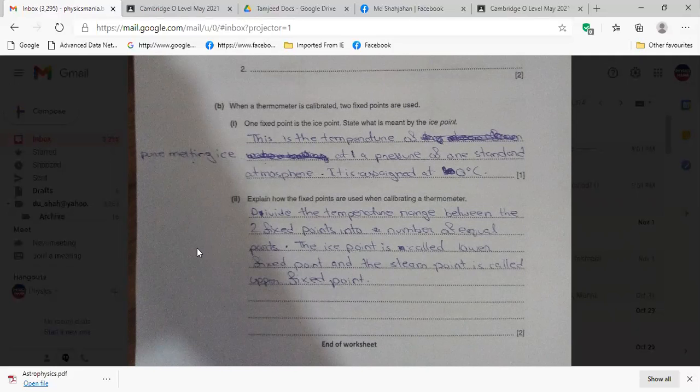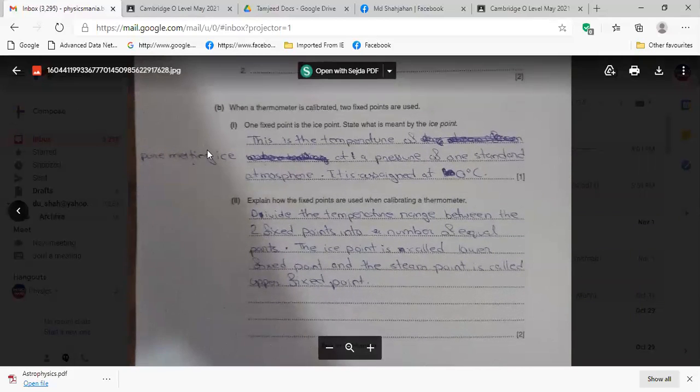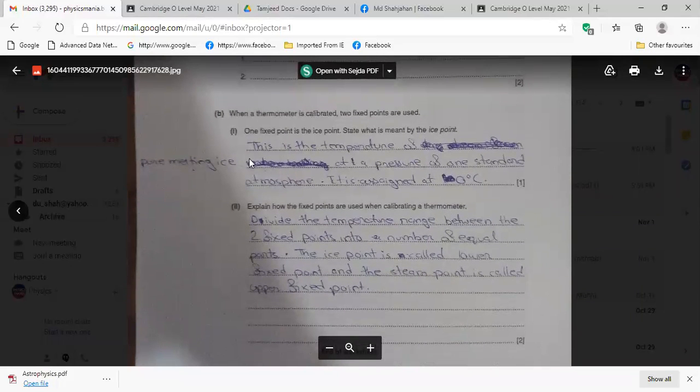Yeah, it is. Explain how the fixed points are used when calibrating a thermometer. This one we discussed yesterday in lab class, right? Yes. Fine. Try to make your handwriting more neat and clean.